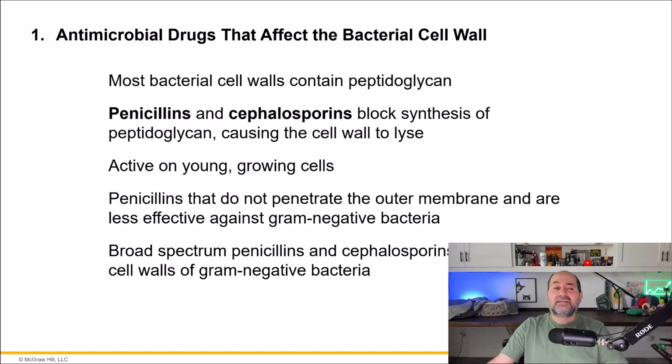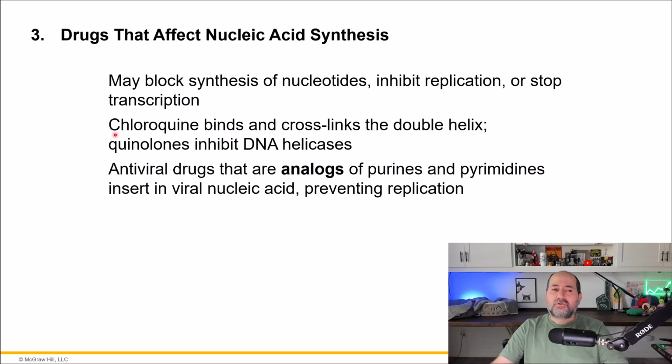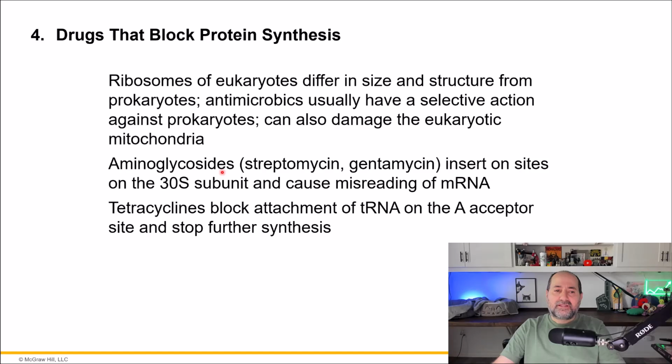You should know that penicillins and cephalosporins attack the cell wall. They block synthesis of peptidoglycan. You should know that polymyxins attack and disrupt the cell membrane. You should know that chloroquine and quinolones disrupt and affect nucleic acid synthesis. And it's the aminoglycosides, including streptomycin and gentamicin, that block protein synthesis.